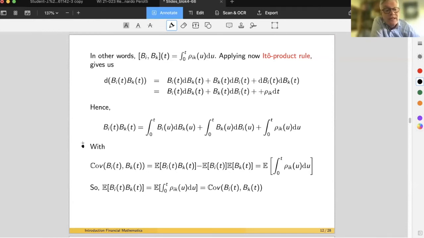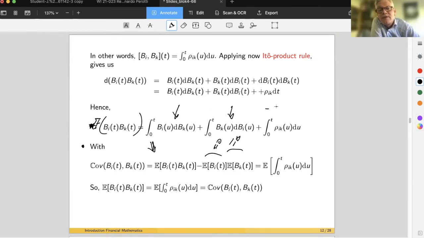And we can see that in more detail if we look at the covariance. So these off-diagonal elements, if you wish, they are not equal to 0. If we look at the covariance between B_i and B_k, that is by definition the expected value of B_i(t) times B_k(t) minus the expected value of B_i(t) times the expected value of B_k(t), and these are 0. So that one cancels out. Then we end up with the expected value of B_i(t) B_k(t). We put an expectation in front and recognize here two Ito integrals.